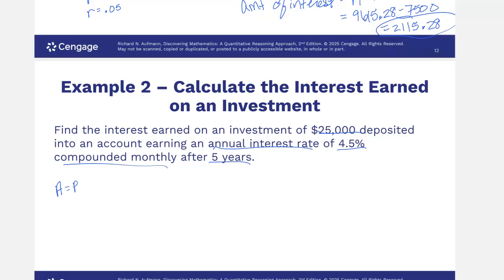So A equals P times 1 plus R over N to the NT. Interest rate is 4.5% or 0.045. Compounding monthly, so that's 12.